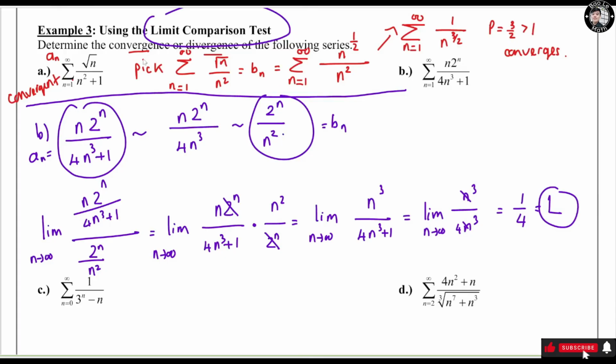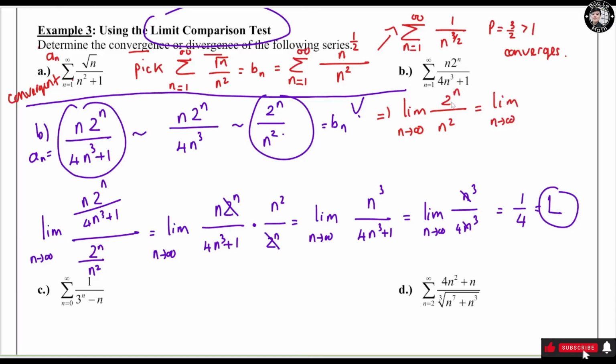Now we're going to check whether this is convergent or divergent. So we're going to take the limit of 2 to the n over n squared when n approaches infinity. It's going to be an indeterminate form, so I'm going to use L'Hôpital's rule.